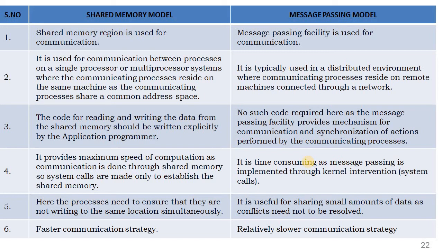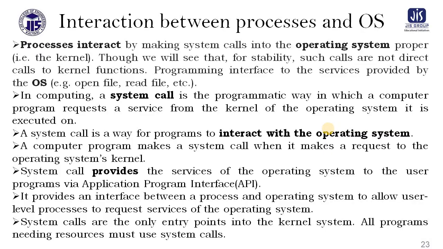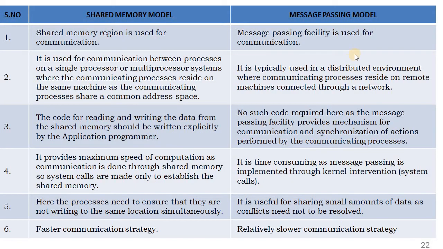Number 1 thing, shared memory model. In shared memory, a region is used for communication, and in message passing, a message passing facility is also used for communication. The shared memory model is used for communication between processes on a single processor or multiple processor system, where the communicating processes reside on the same machine and share a common address space.